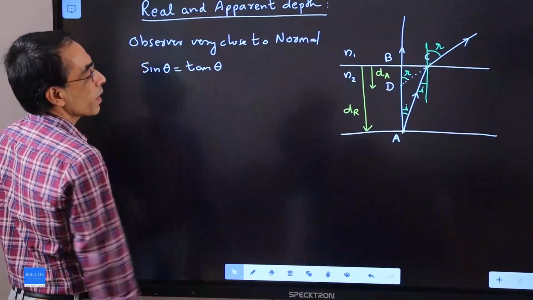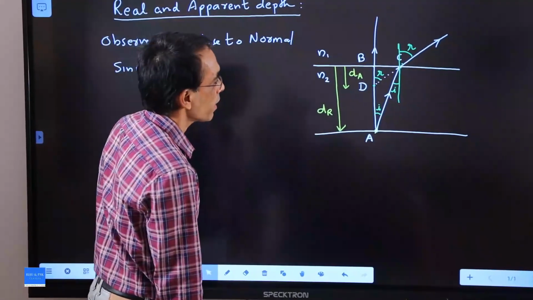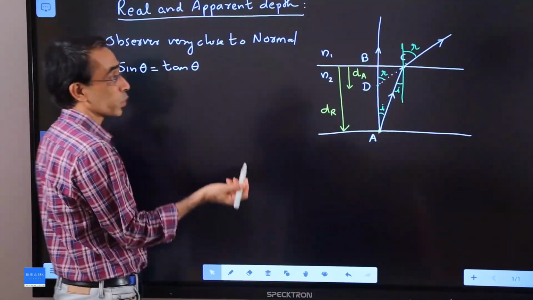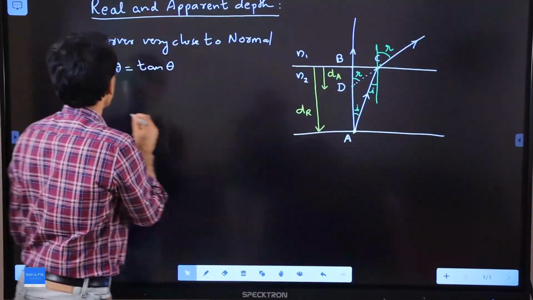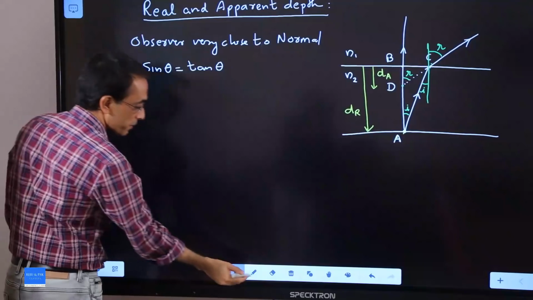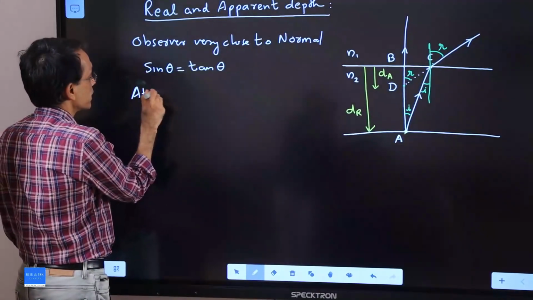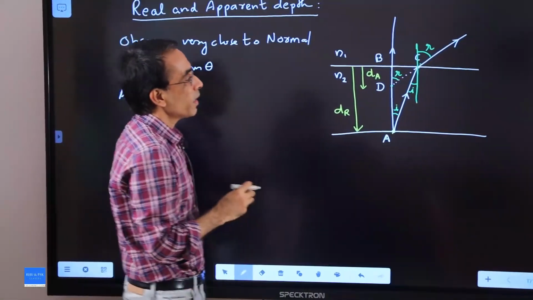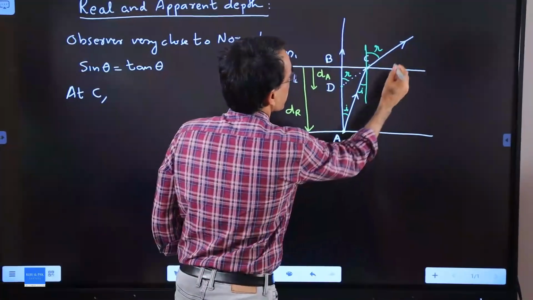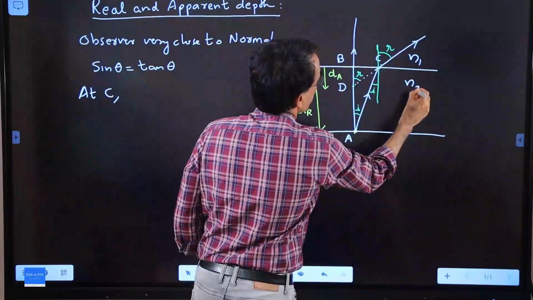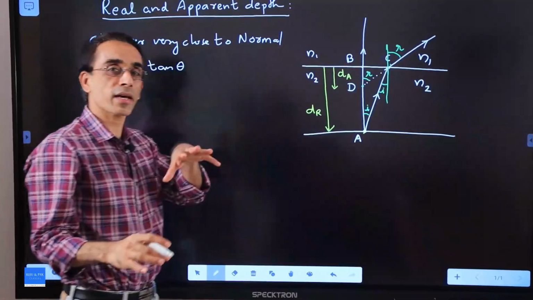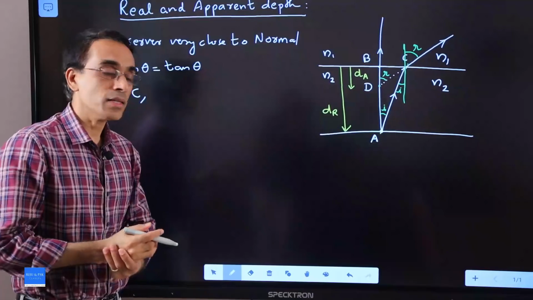Now I'll define Snell's rule. I can define Snell's rule at this point C. So at C, angle of incidence I, and I will call this refractive index N1, this refractive index N2, because normally we will take air as the first medium, water as the second medium.